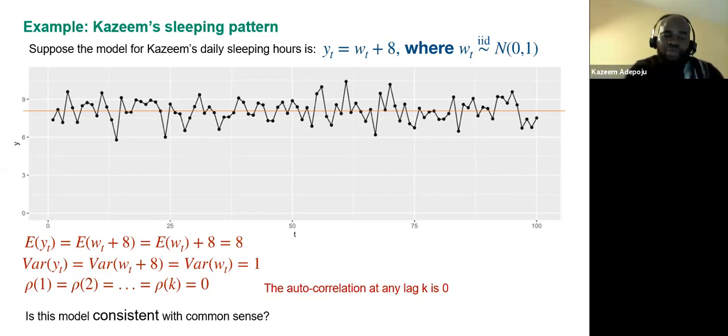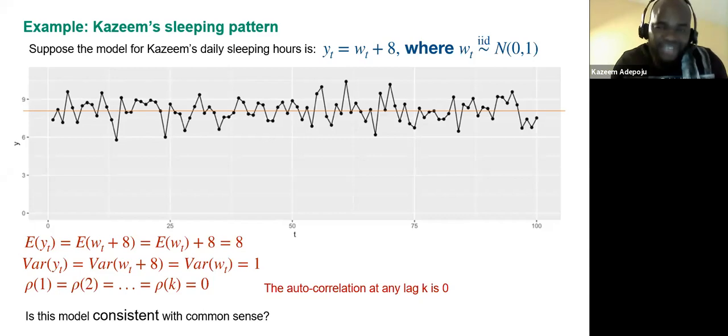And that was why we said, now I'm going to ask a question: is this model consistent with common sense? Looking at it from common sense, does it really make sense that I just decide to sleep the number of hours that I like on any day?